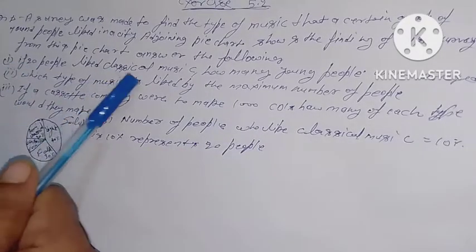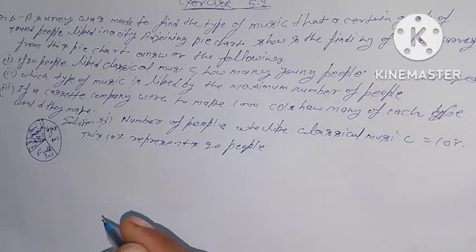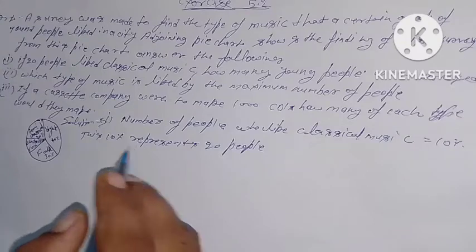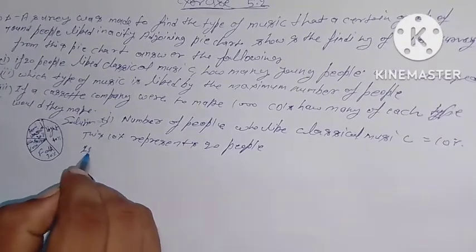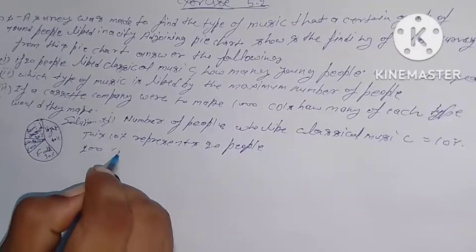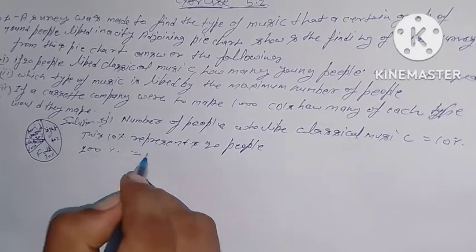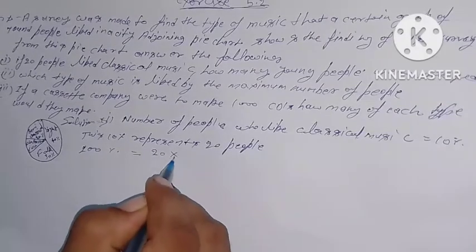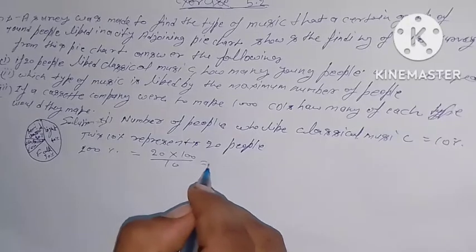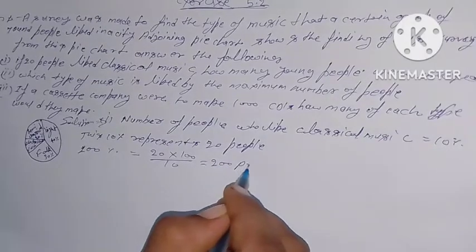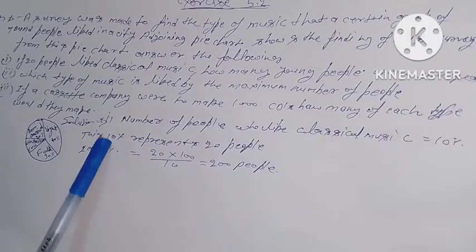If 20 people like classical music, how many young people were surveyed? 100% is 20 multiplied by 100 upon 10, that means 200 people. This is 10%.